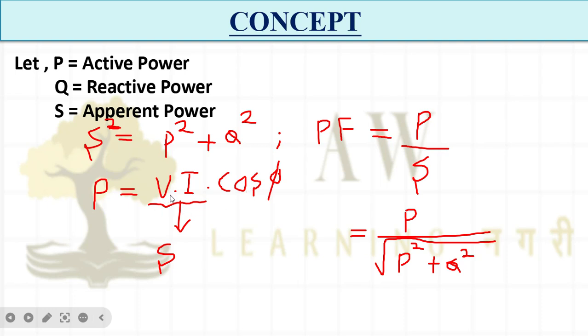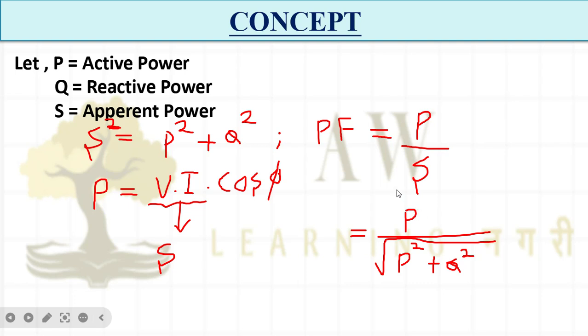This V into I is my apparent power, denoted by S. So from this expression I can write the power factor as P divided by S. What is my S? S is basically the square root of P square plus Q square. The same thing I am going to implement in Matlab.